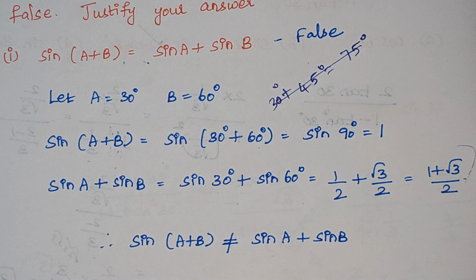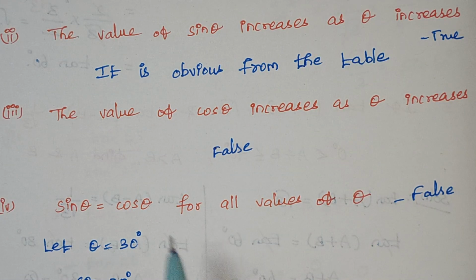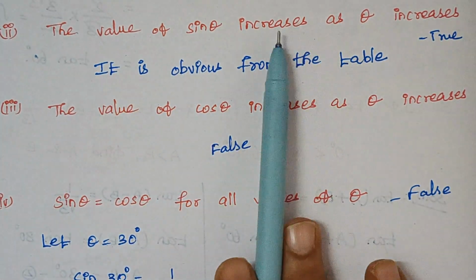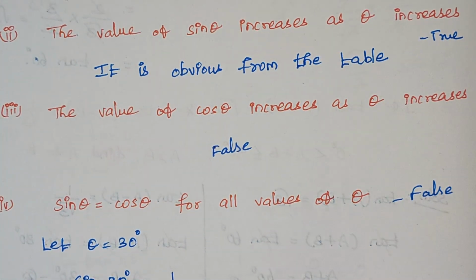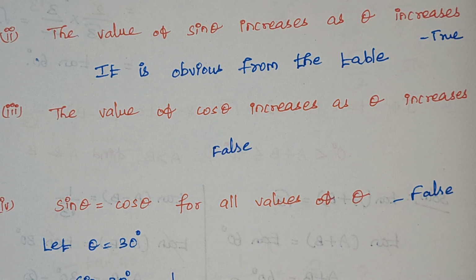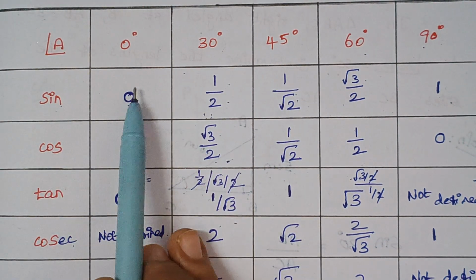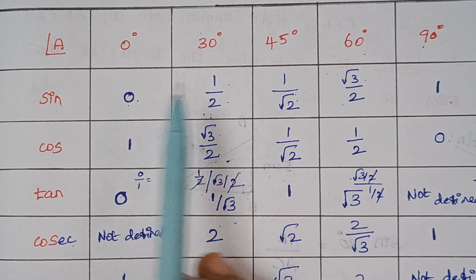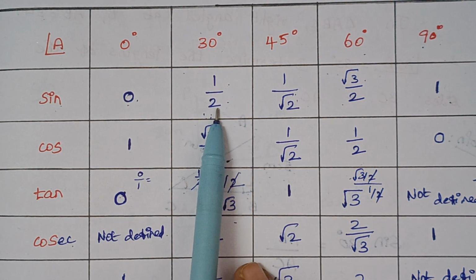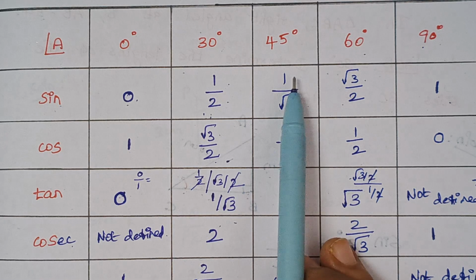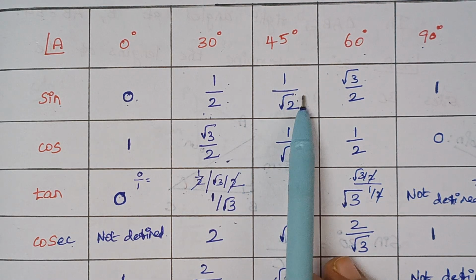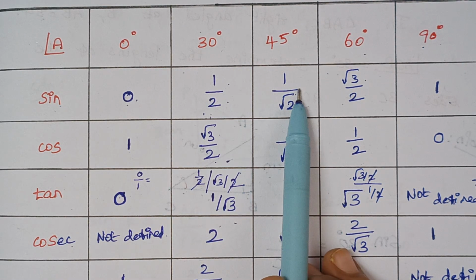Now the next thing is, the value of sin theta increases as theta increases, right? Shall we check? So look at the values of sin theta. Initially it is 0, then 1 by 2, what is this? It is 0.5. And here 1 by root 2 is, I think, something around 0.7.